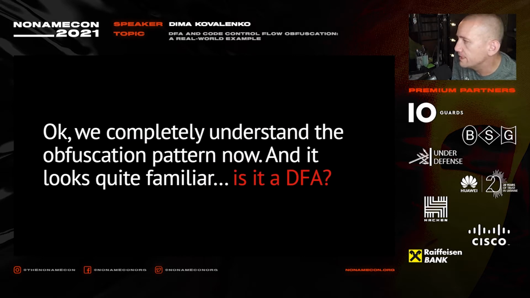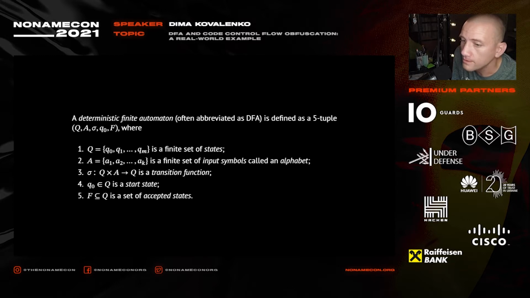Okay, we completely understand the obfuscation pattern now, and it looks quite familiar. Is it a DFA? Let me remember what a DFA is. To define a deterministic finite automaton, also known as DFA, we need a finite set of states.